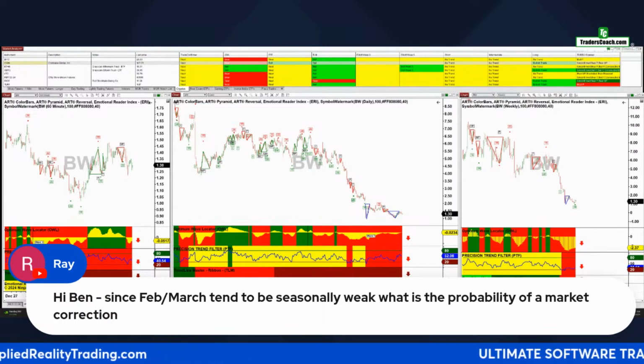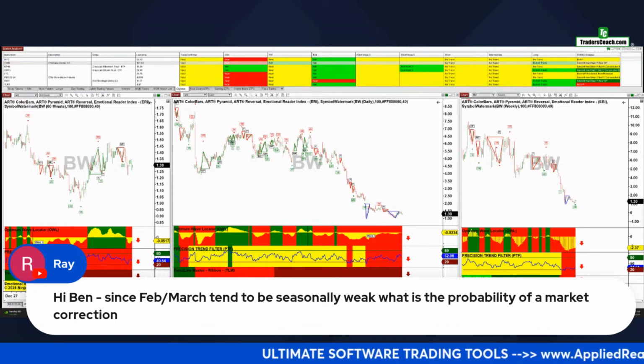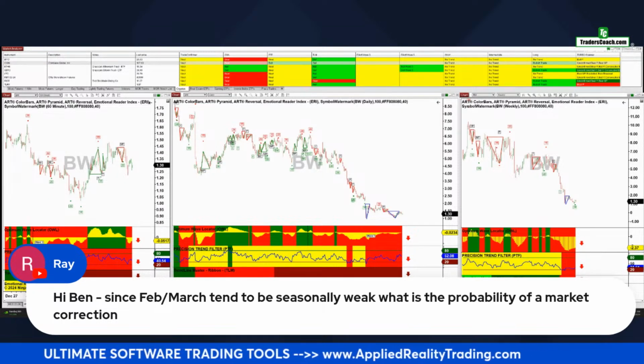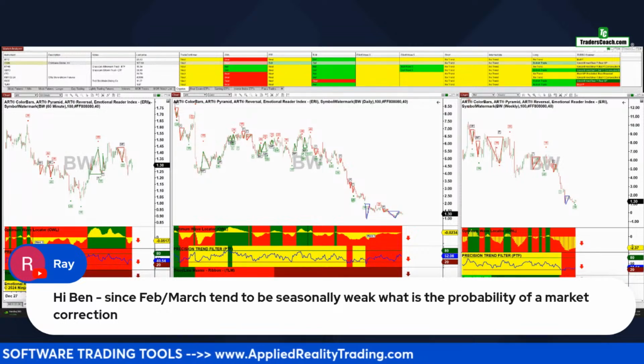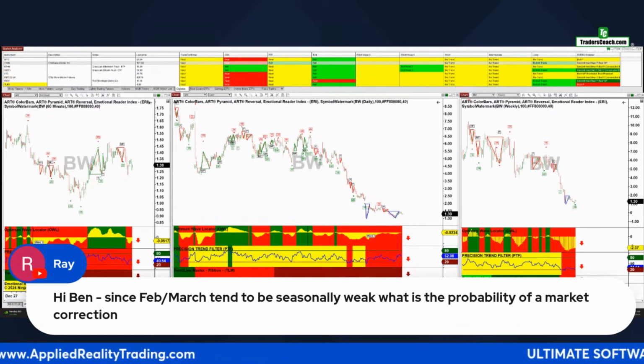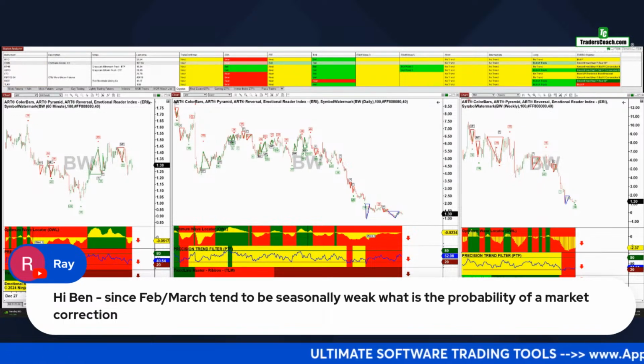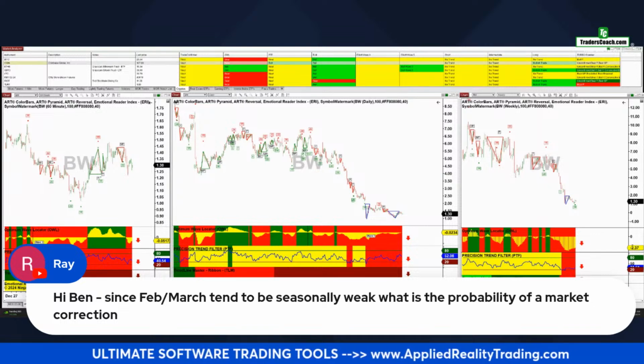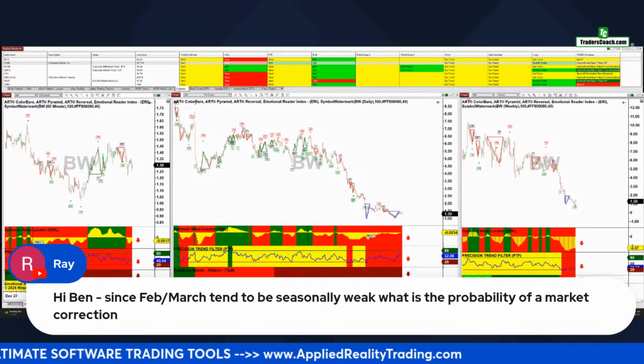I do think the next pullback is not going to be a major change in trend yet. I think it's going to be a profit-taking pullback. And we could get as low in the markets as 35,000, maybe 34 if it gets extenuated. And then it should recover and make highs again. There is a target zone out there that I don't think is going to be reached until probably later this year.